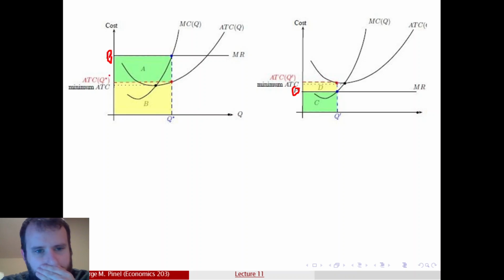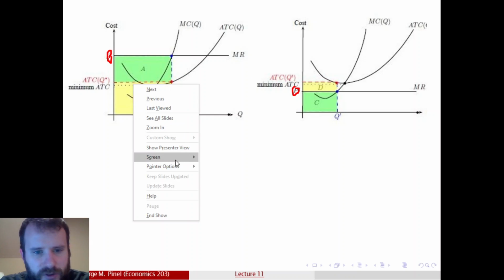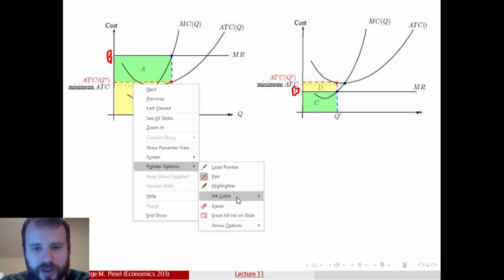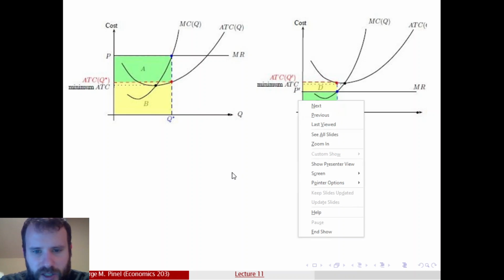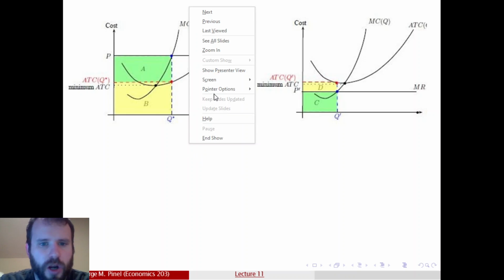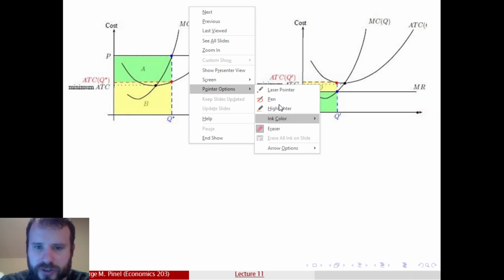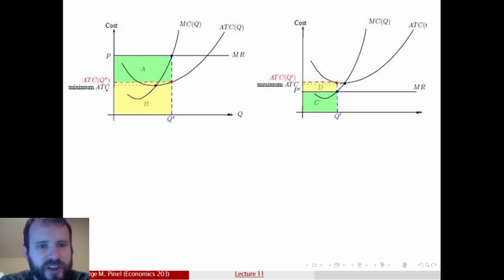In the first case, your price is above your average total cost. So by this break-even price rule, what do we know? We know that the firm is making positive profit, right? And we can see that on the graph.